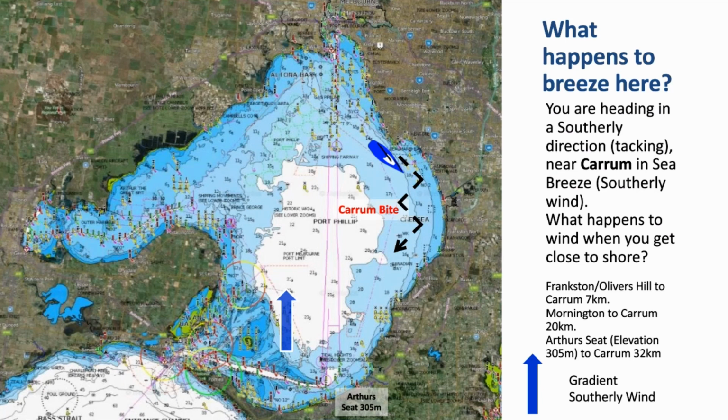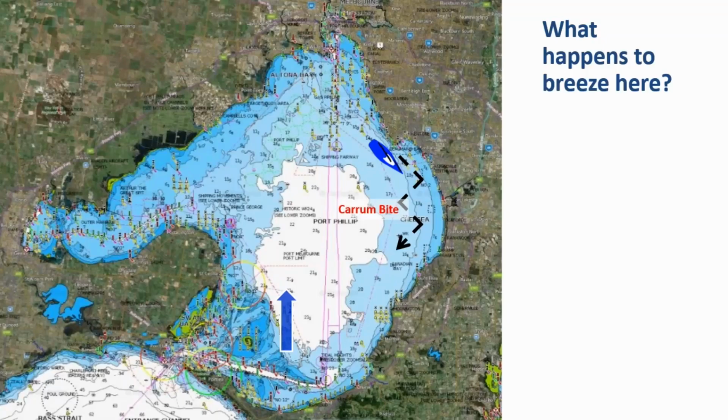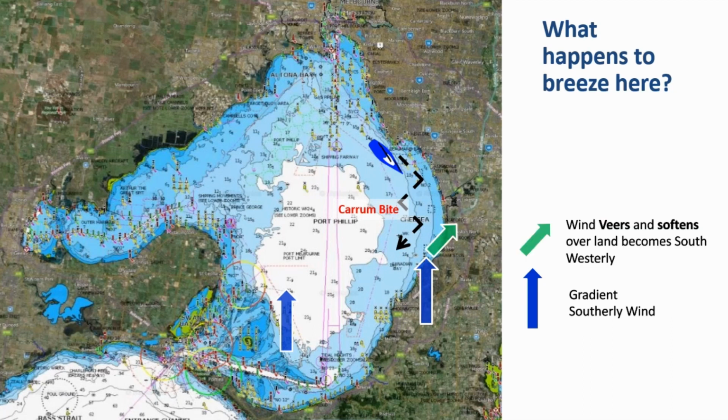This is another very common area for mistakes and real gains. And we've got an arrow showing the southerly here and your proposed tack along the Garum Bight.